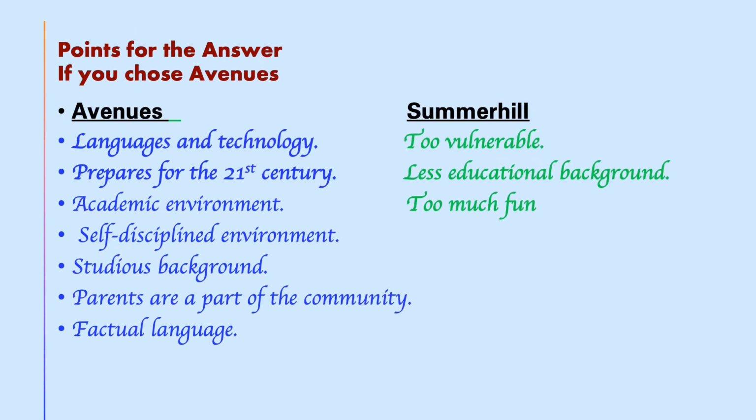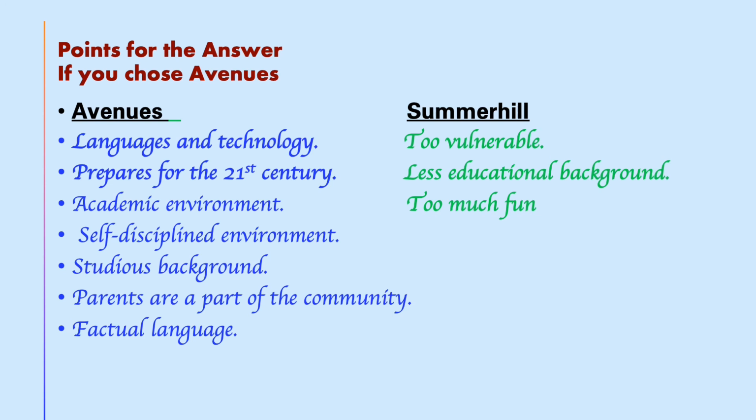If you choose Avenues, you can write about the languages and technology and how they prepare for the 21st century, and the academic environment, self-disciplined environment, and also studious background. Parents are a part of the community and all, and the factual language.